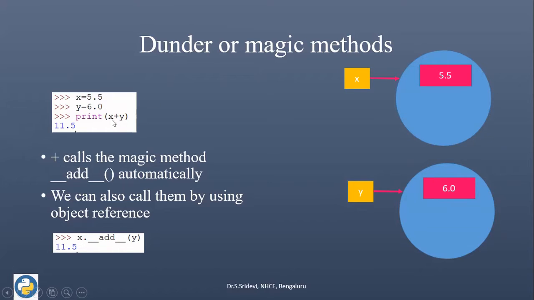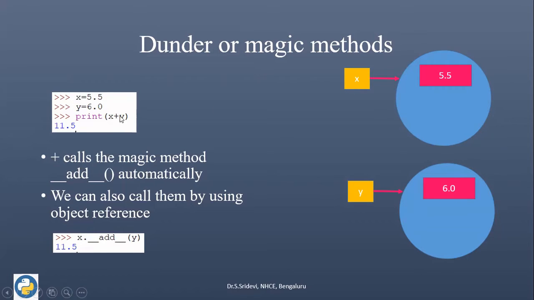Then I am calling x + y. When I execute x + y, x is an object, y is again an object, and now I am using the operator plus. We have already seen that for every operator, there is a special magic method, and for plus, it is __add__.